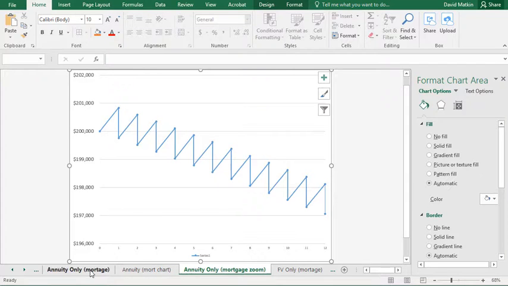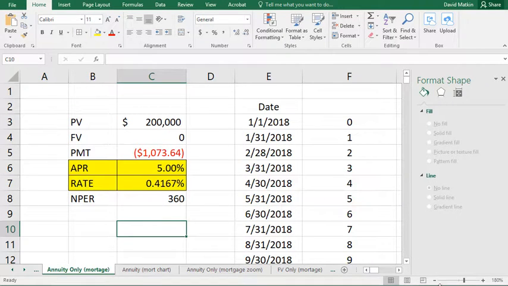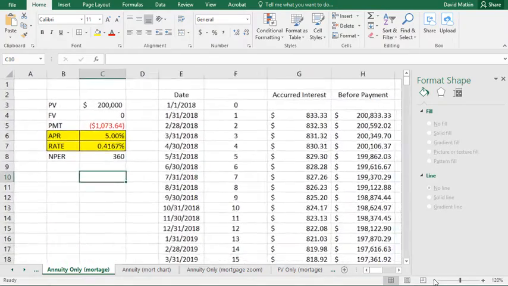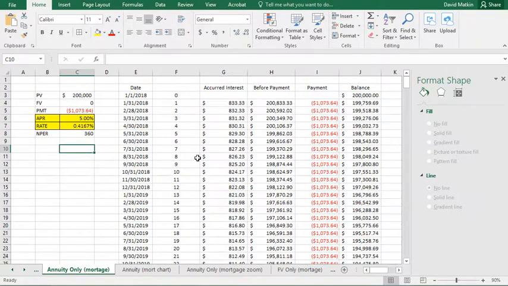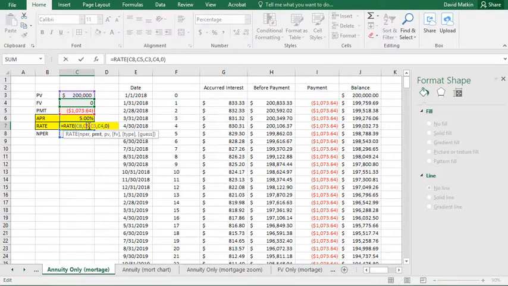So let's go back and look at that here in what it looks like in the flows. Here is the balance at the beginning when it comes in, the $200,000. And here's the interest that's recognized. This is the interest rate that's being used.